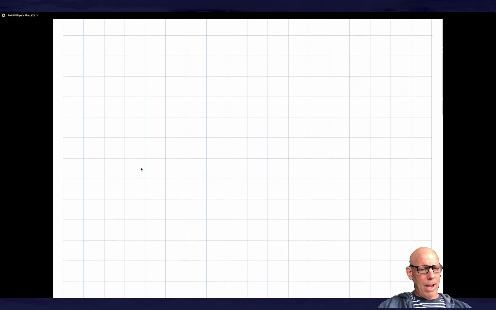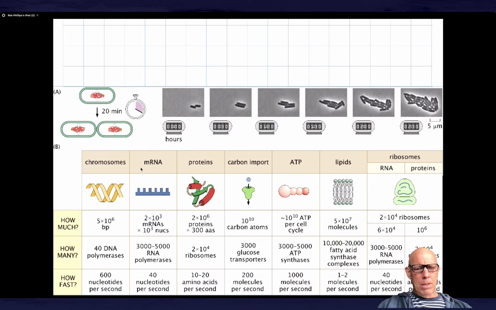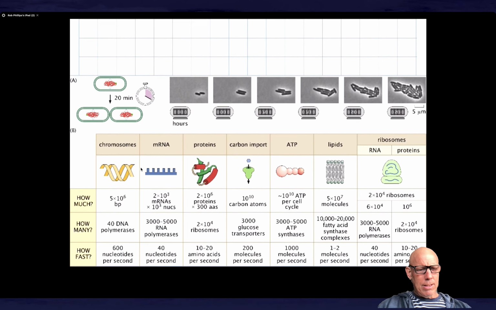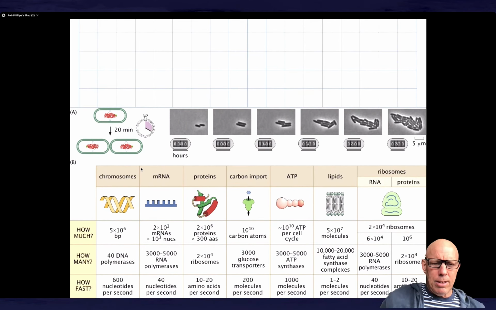and there seems to be no way around that. So, to summarize the entirety of the calculations that we did, this little diagram is intended to, first of all, at the top, remind you of how one goes about measuring the 20-minute division time. One of the ways of doing it is using microscopy, as I show you here. And then on the bottom, these are all sorts of different hypotheses that we tendered for what might control bacterial cell division time.